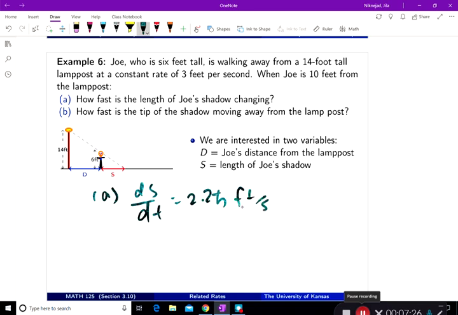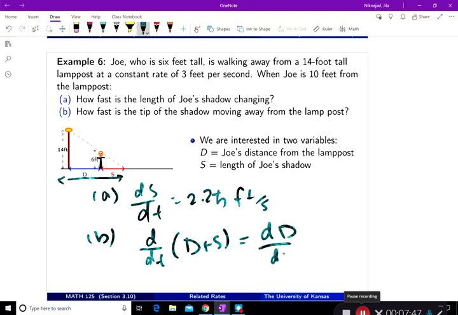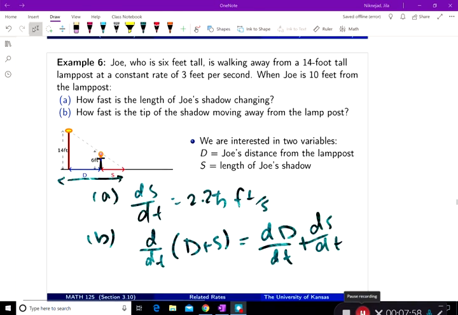And now, to find how fast the tip of the shadow is moving, we're trying to take the derivative of D plus S. According to the laws of the derivative, this is equal to dD/dt plus dS/dt.